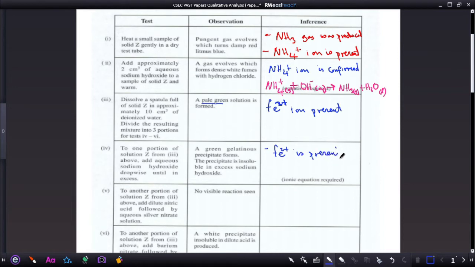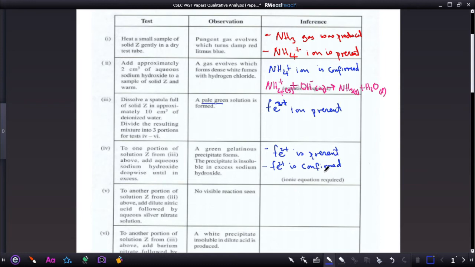Then what happened in excess? When in excess, the precipitate is insoluble in excess sodium hydroxide, so the precipitate remains. So iron 2+ is confirmed there.